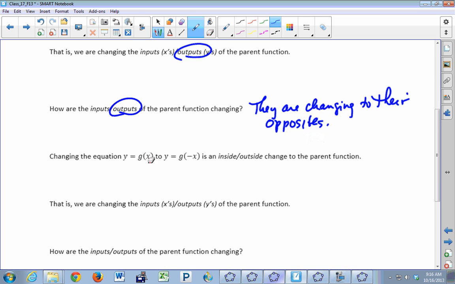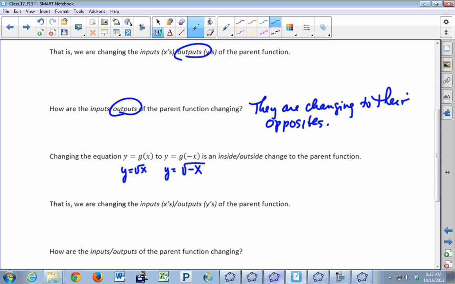So now here's g of x. G of x is square root of x, and now we're going to change it to become g of -x. So now it's going to look like this. I can't.